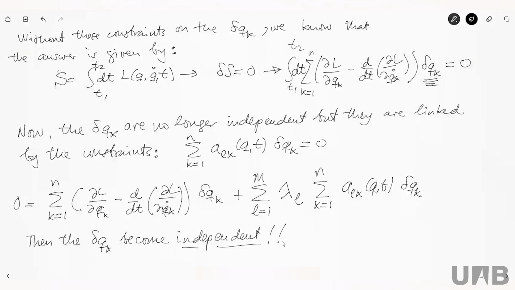That's the miracle of the Lagrange multiplier method. Once you add a Lagrange multiplier times the constraint, then the differentials become independent.